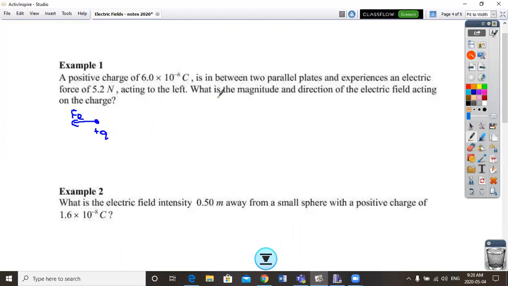Okay, what is the magnitude and direction of the electric field on this charge? So we're going to use the field E equals Fe divided by Q because it's between 2 parallel plates and therefore it's uniform.